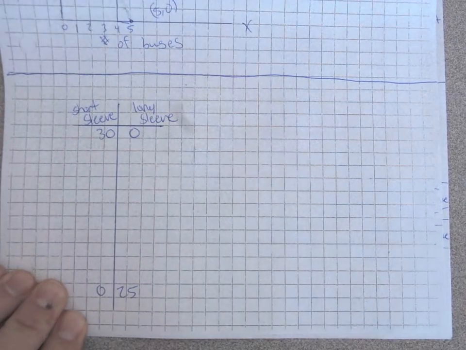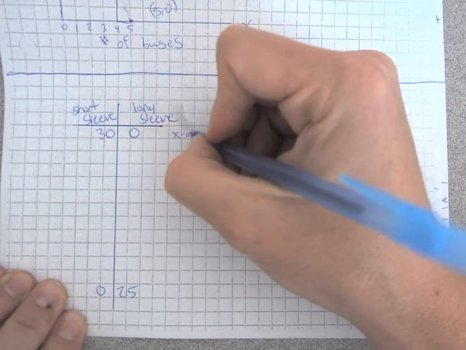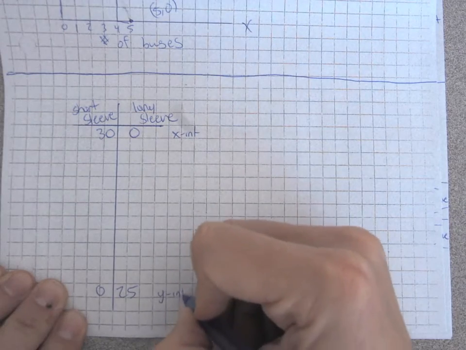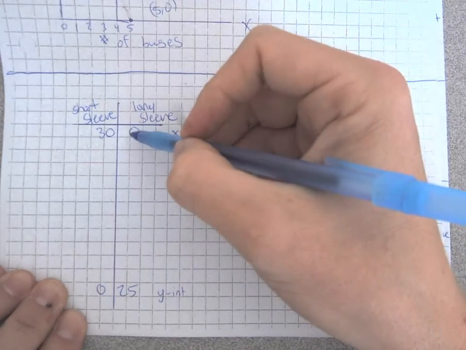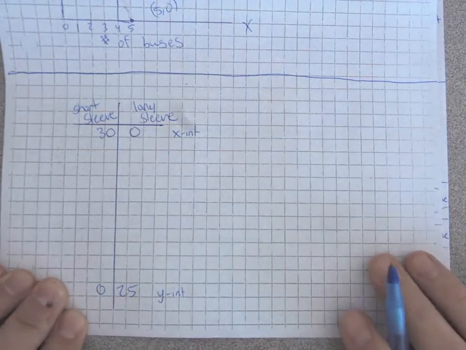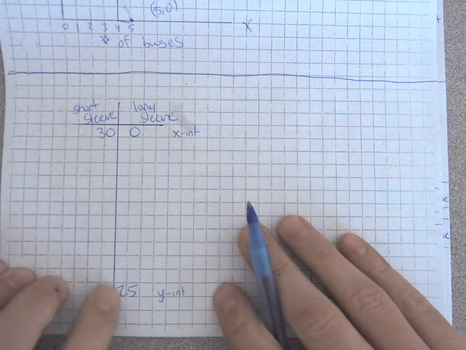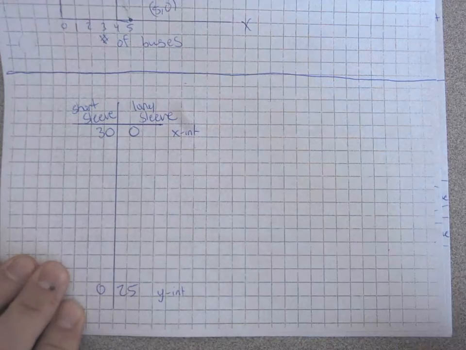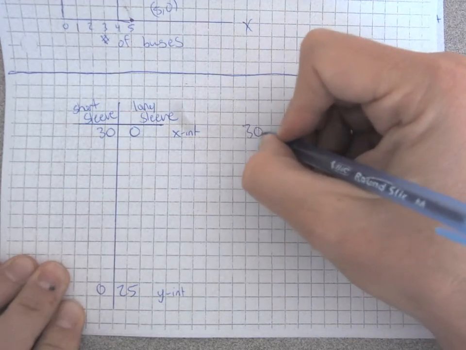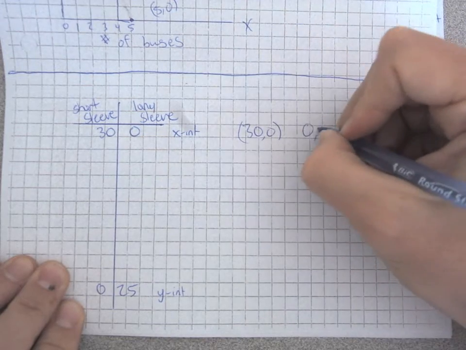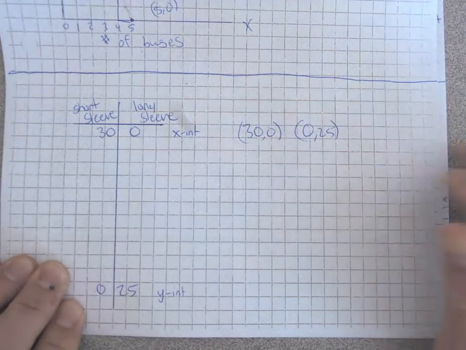If you were to graph these, which you're not going to, this would be the x-intercept, and this would be the y-intercept. Okay. Now what we need to do is find out how to get in between these. How do I transfer from one to the other? In order to do that, I'm actually going to find the slope between these two. So if you think about these as 2 points, 30, 0, and 0, 25, I can easily find the slope between these two.